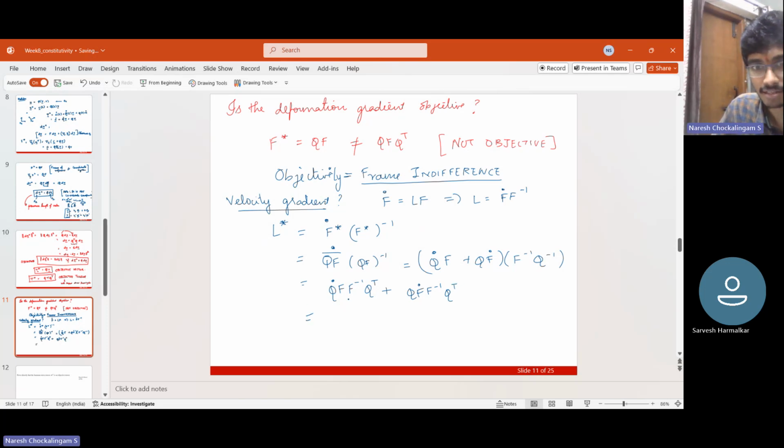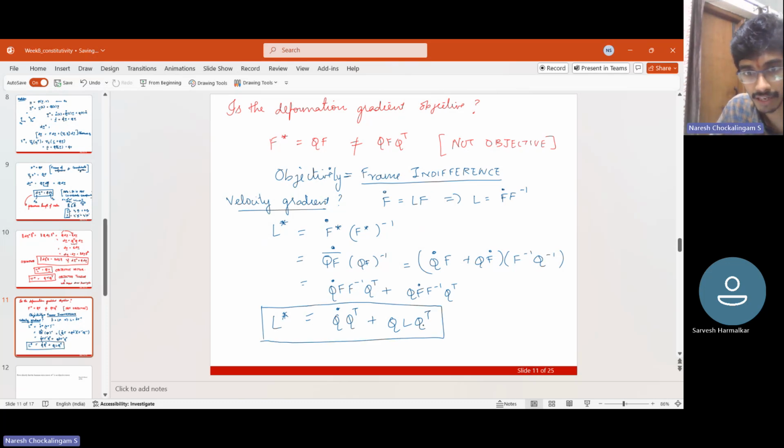F F inverse is nothing but I. So we get Q dot Q transpose plus, what is F dot F inverse? F dot F inverse is L, plus Q L Q transpose. So see that L star is equal to Q L Q transpose plus some other tensor.